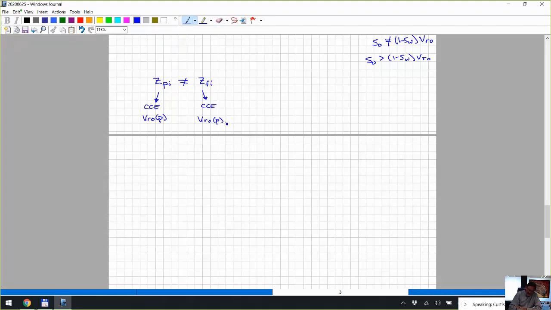This is for the flowing fluid, this is for the pore fluid. And this is always going to be greater, because you have two-phase flow in region 1, therefore it's going to be greater than the critical oil saturation. It's definitely going to be greater. The pore composition is going to be a richer composition than the flowing composition.